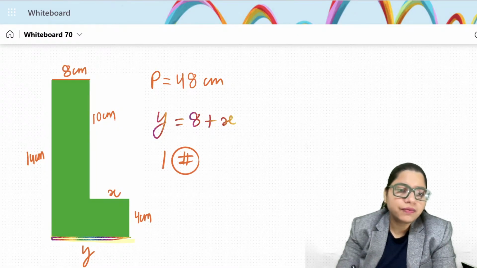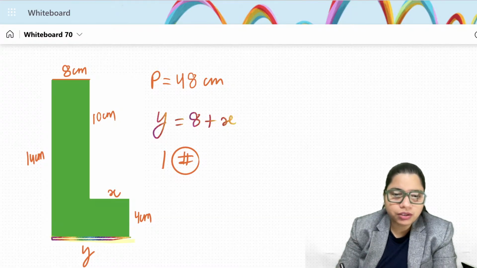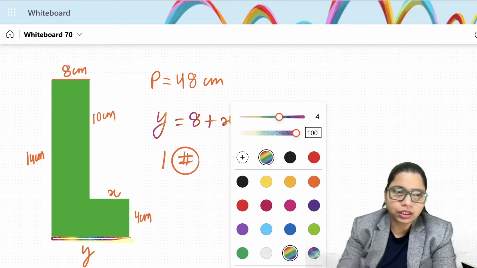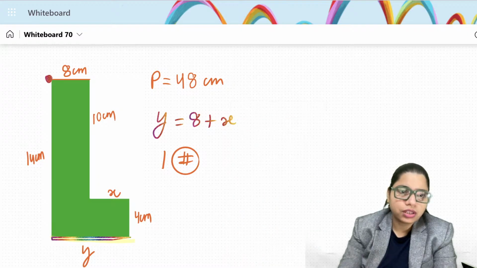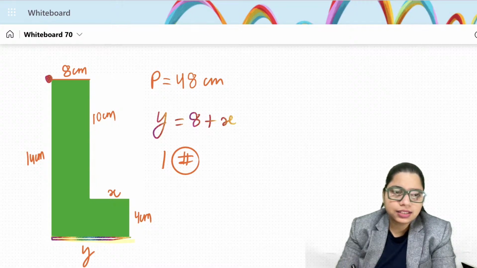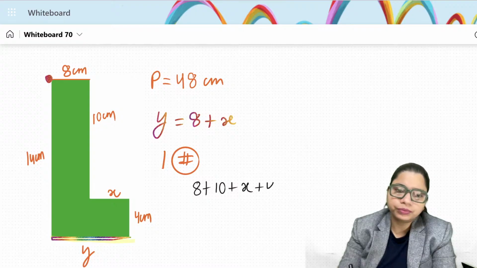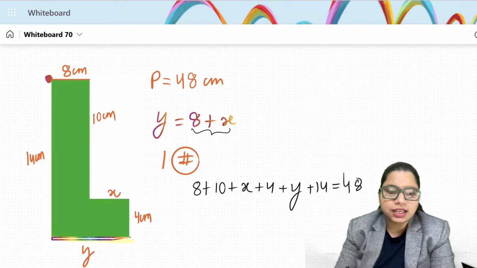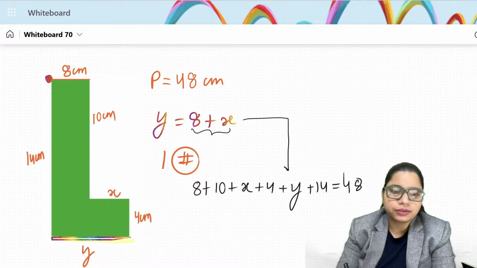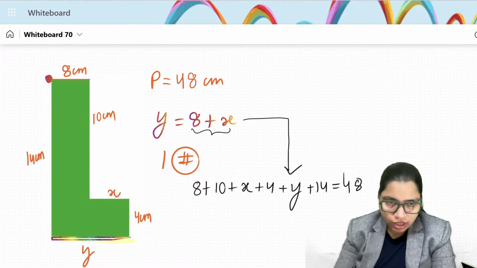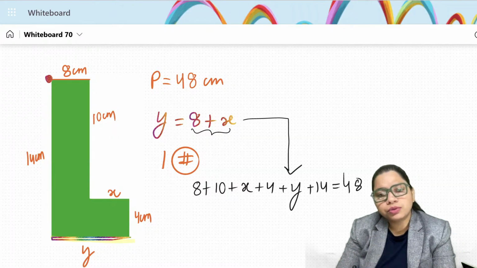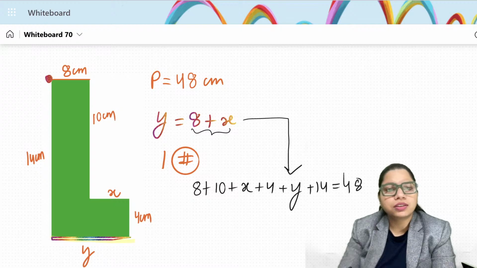Okay, method 1, let's start from here. Okay, from this point we'll scan through. So it is 8 plus 10 plus x plus 4 plus y plus 14, and this is equal to 48. We know y is 8 plus x. So can we substitute this value in here? 8 plus 10 is 18, 22, 22 plus 14 is giving us 36.